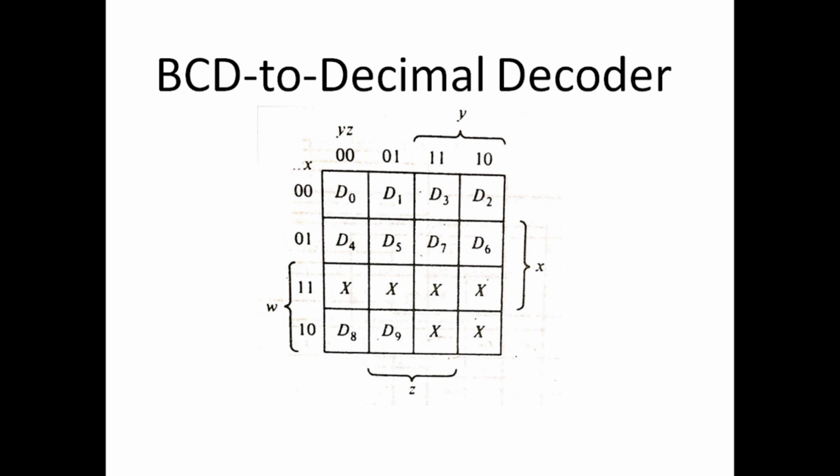So it's a BCD-to-decimal decoder because decimal digits are encoded using BCD. So the decoder would decode the encoded BCD information. Whenever this decoder gets a 4-bit BCD coded decimal, it would decode and generate the actual decimal which has been decoded. So this kind of decoder would have a truth table just like the one we saw on this slide.